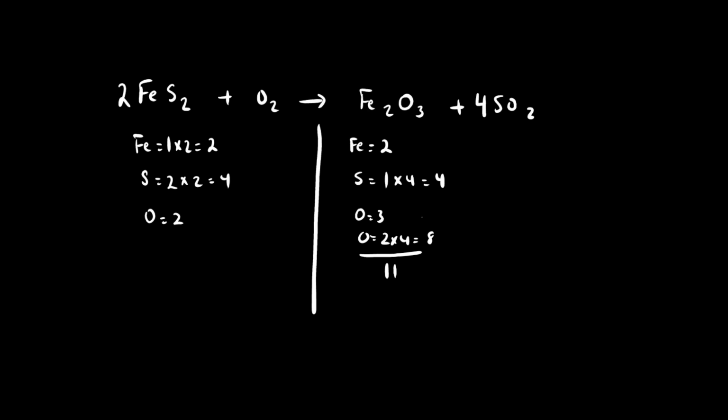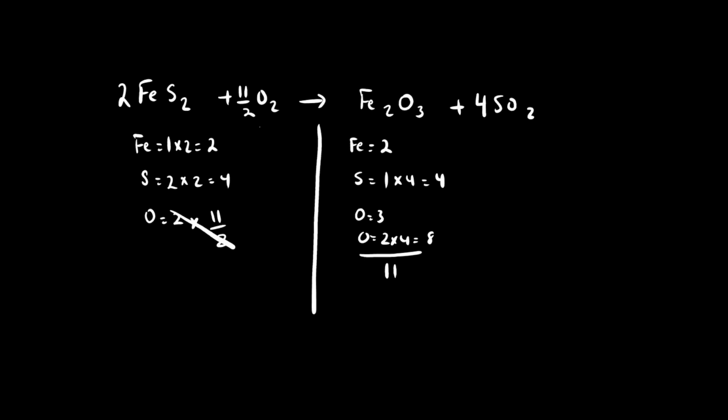Now we need to balance the oxygen. For the sake of balancing the equation, we are going to multiply the oxygen on the left hand side by the fraction of 11 over 2. That way we have 11 oxygen on the left and 11 oxygen on the right. So our coefficient in front of the oxygen is going to be 11 over 2.